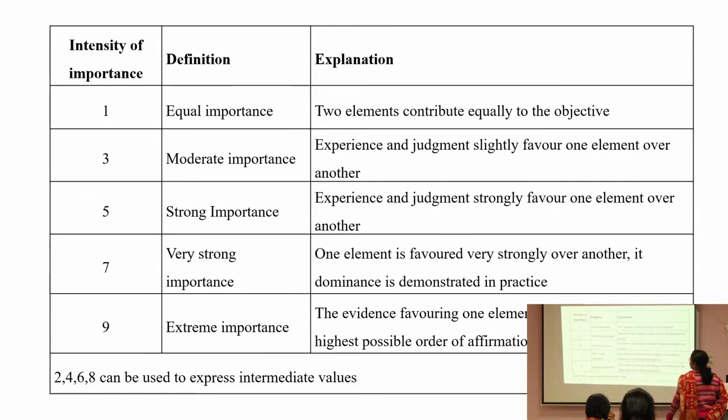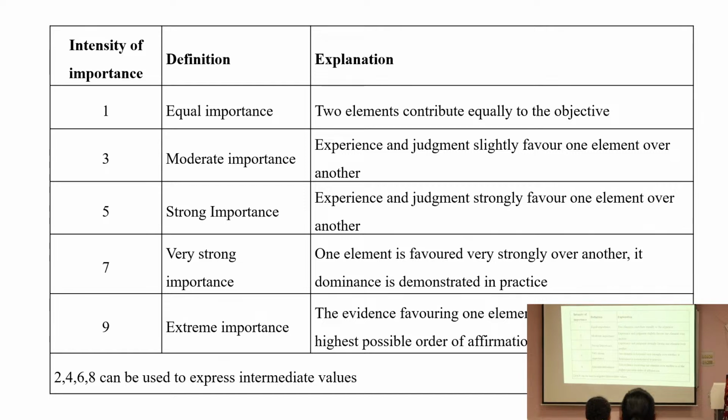So see here. How can we give the weightage? So 1 is the equal importance. Suppose you have the population and also you have other parameters, again you have to give in a matrix form. Okay. So vertically you have to keep all the parameters, suppose 7 or 8 parameters you have, and that same parameters you will keep horizontally. Okay.